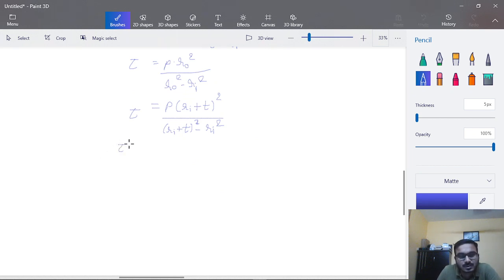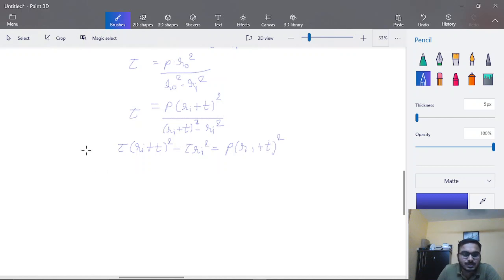So tau into Ri plus T whole square minus tau Ri square is equal to P into Ri plus T square.